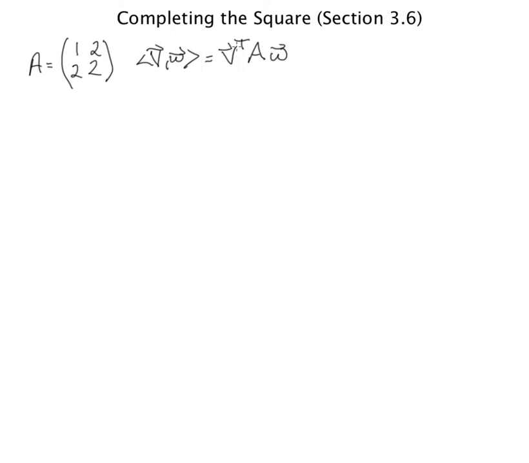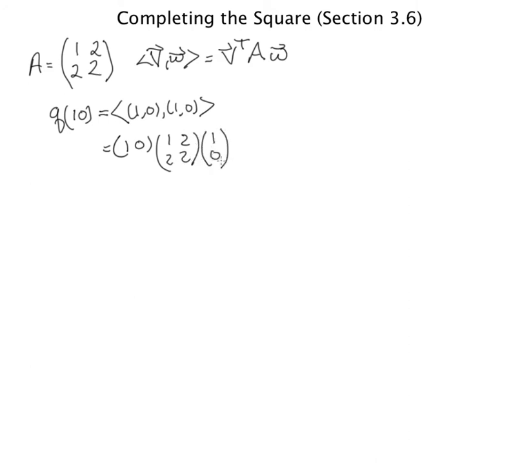And for example, let's compute what the associated quadratic form is when evaluated on the vector 1, 0. So that is to say, that's the inner product of 1, 0 with itself. And so that's 1, 0 times 1, 2, 2, 2 times 1, 0.